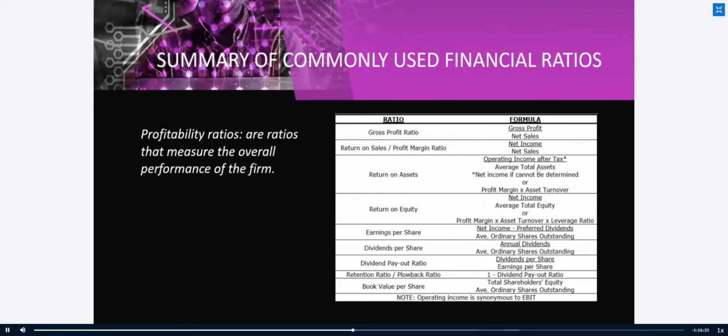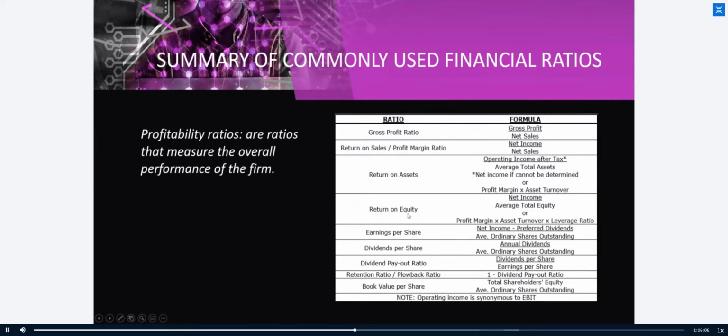Another tip, class: if the ratio being asked is return on equity, your numerator would always be the net income. So look at this, return on sales. The numerator is net income over the denominator, net sales.